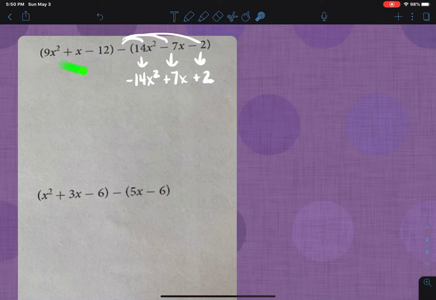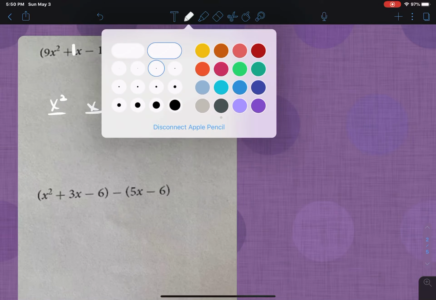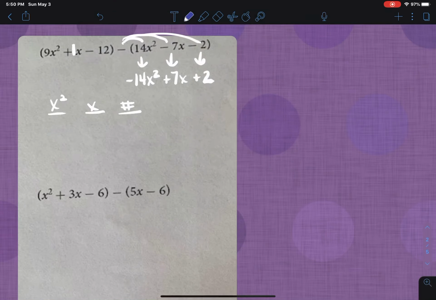Now I need to take these pieces and decide what the highest exponent is. And the highest exponent I see anywhere is x squared. So I'm going to get my columns together. Now there is one spot where I would add a 1 right up here. And now I'm going to go through and start to put stuff together.